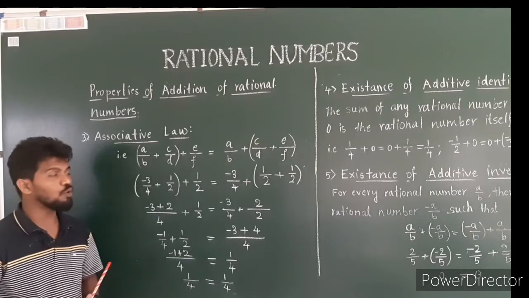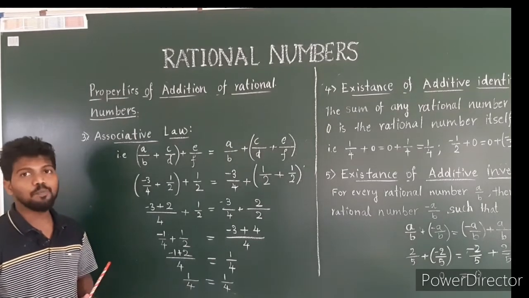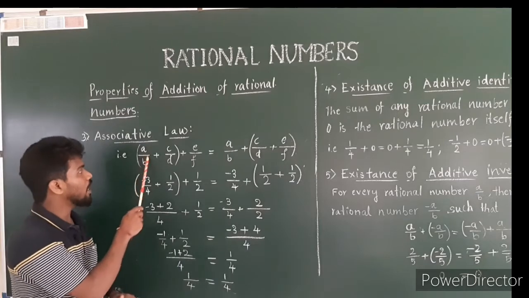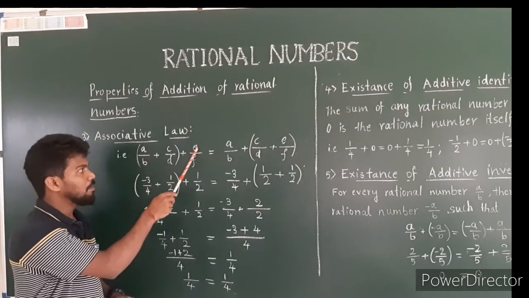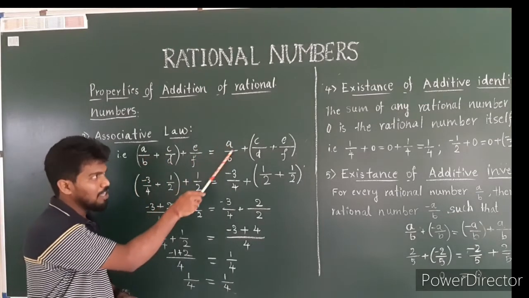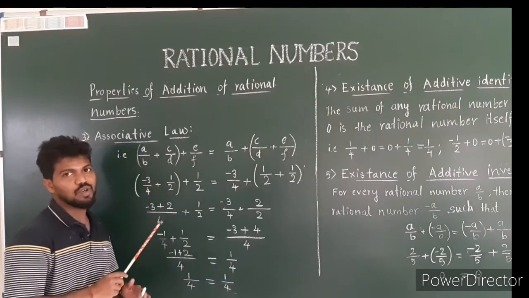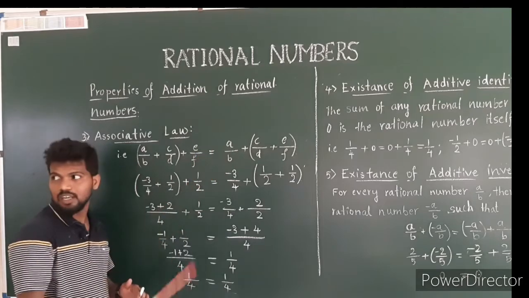Now the associative law. That means three or more rational numbers grouped in any order, the sum is the same. You see the first one, A by B, C by D, E by F. So three fractions, or three rational numbers, you have.